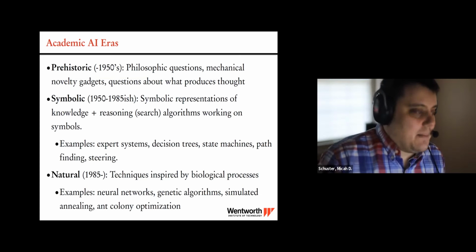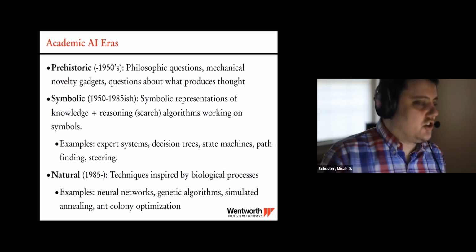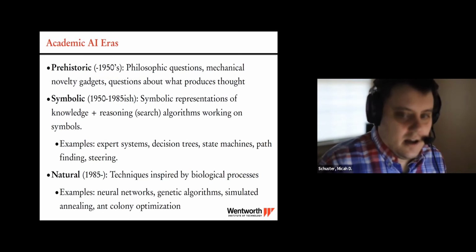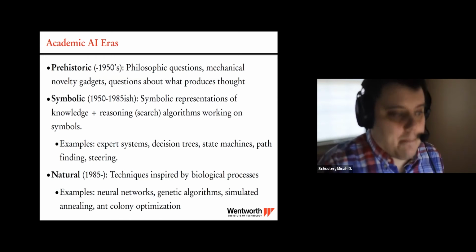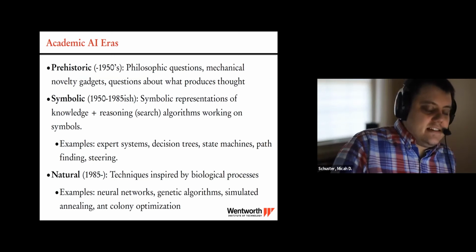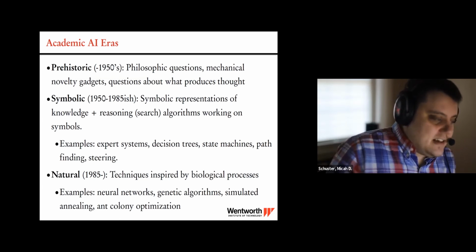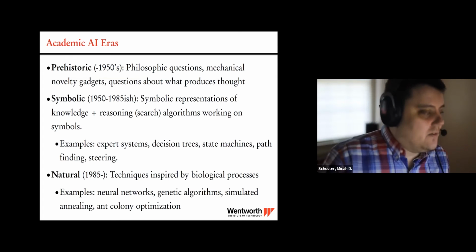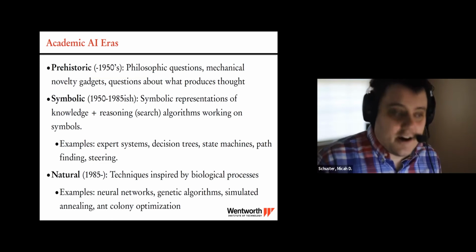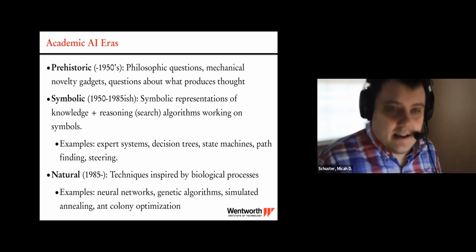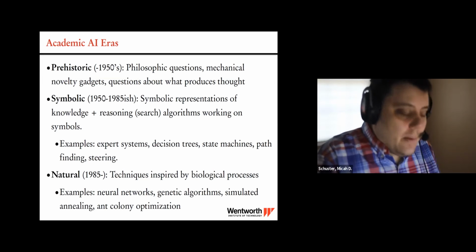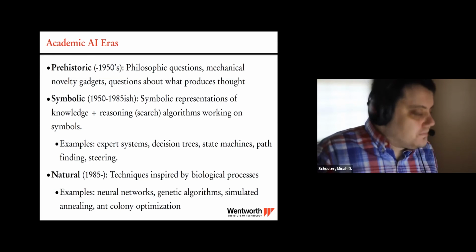So maybe we're talking about certain types of variables, search algorithms working on symbols, maybe on a map. You may not have heard of all these things, but things like expert systems, decision trees, state machines, which is something that we've used, pathfinding, steering, these are all symbolic AI from the symbolic era that really went up into the 80s.